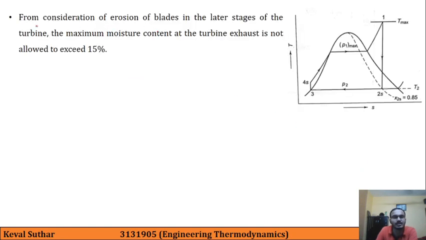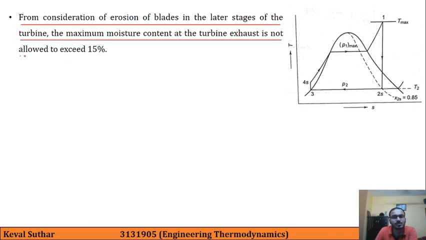There is a limit up to which we can tolerate the moisture content at the exhaust, from the consideration of erosion of blades in later stages of the turbine. The moisture content at turbine exhaust is not allowed to exceed 15%, that is, the minimum x that we can tolerate is 0.85, that is the moisture content should not be more than 15%.